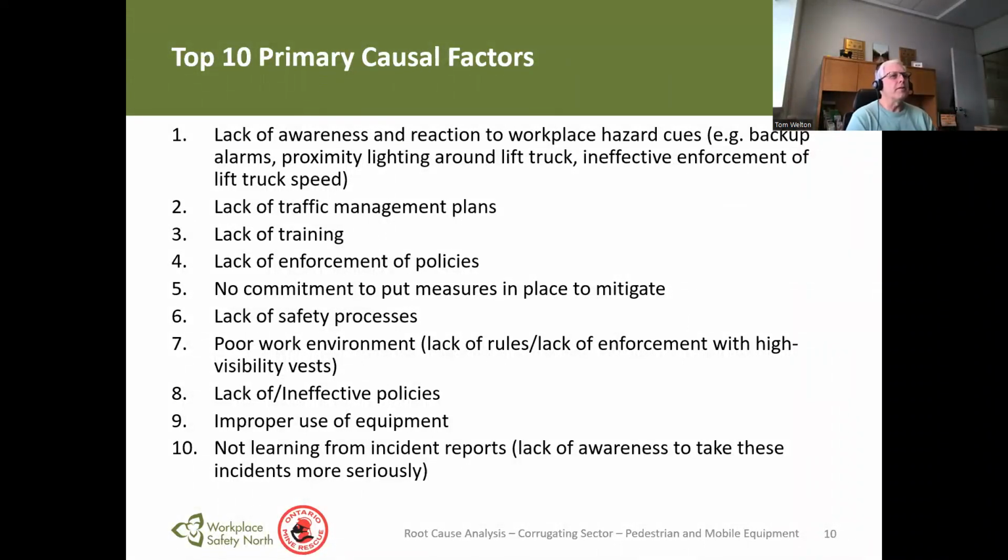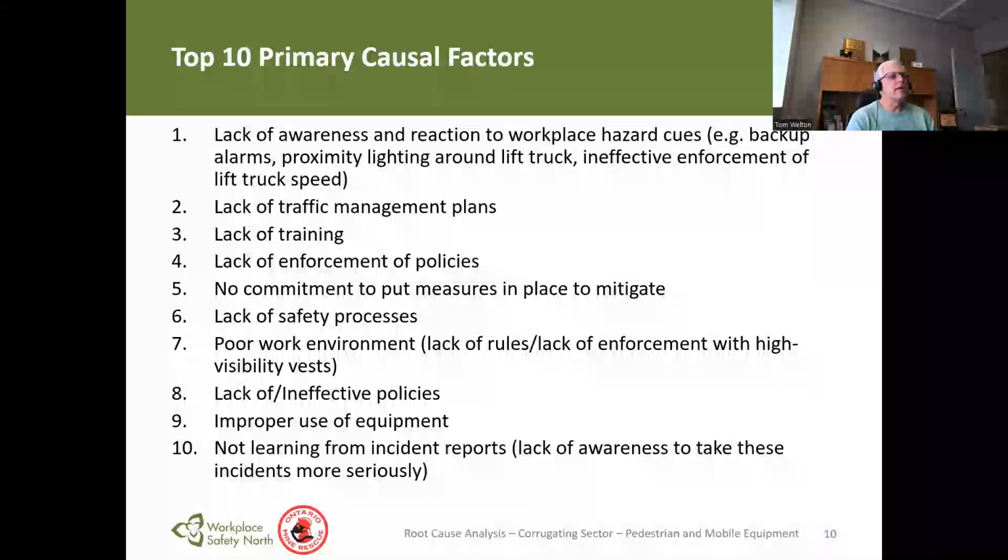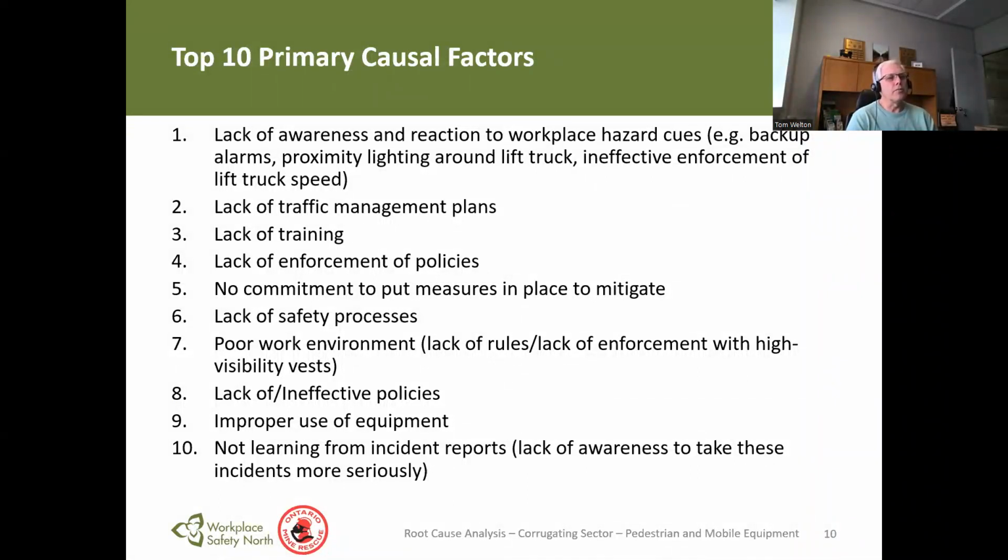Some of the other factors that we came up with that rounded out the top 10 were lack of traffic management plans, lack of training, lack of enforcement of policies, no commitment to putting measures in place to mitigate the risk, lack of safety processes, poor work environment, which can include lack of rules, lack of enforcement with, in this case here, specifically this workplace really focused in on the use of high visibility vests.